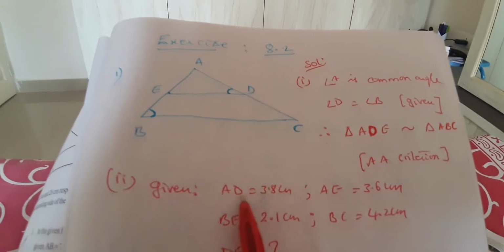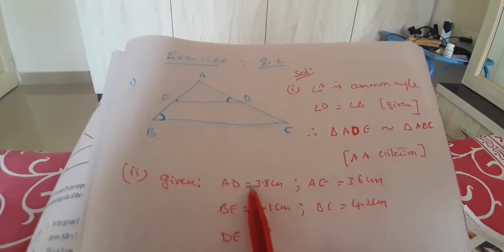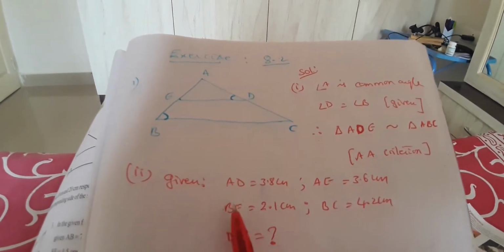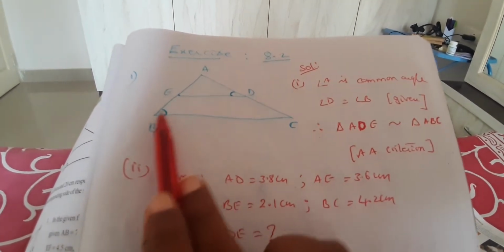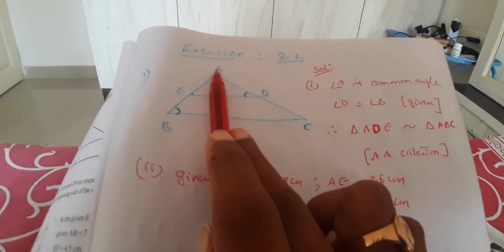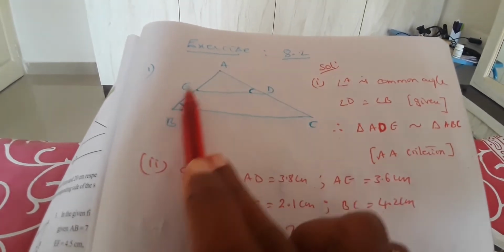Okay, so now what is all given to us? AD is given, right? AE is given, BE is given. So AD is given, and the corresponding side, in two parts, is given as AE and EB.